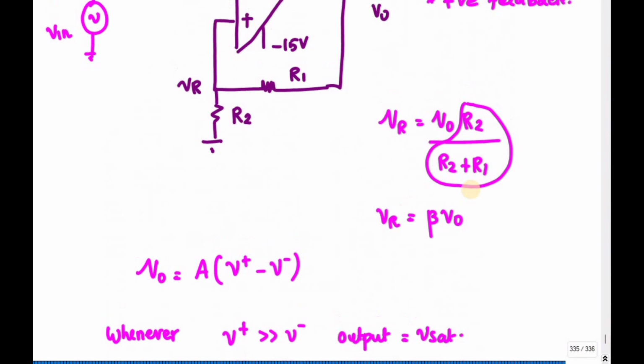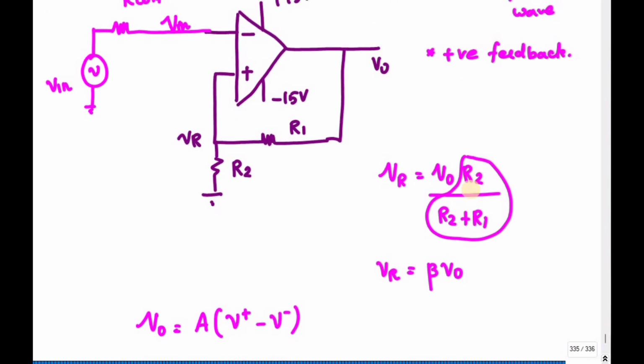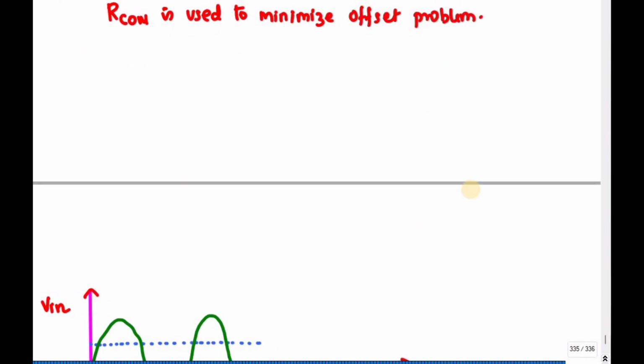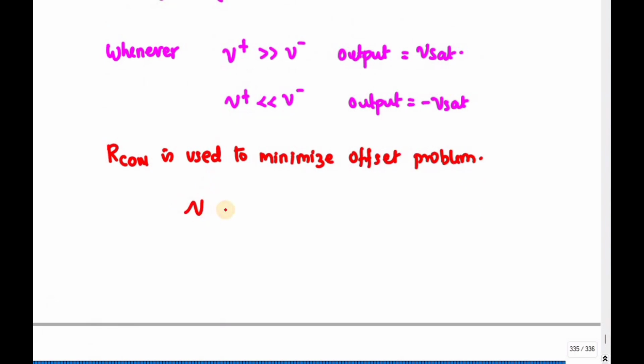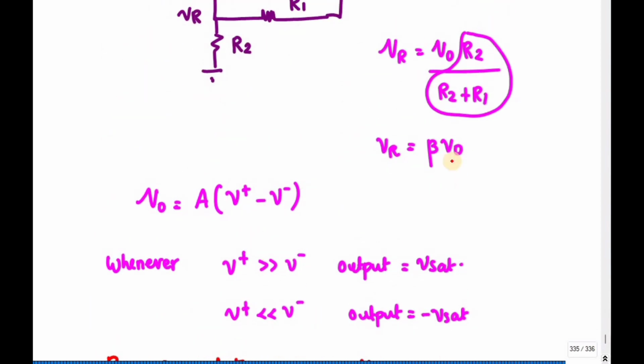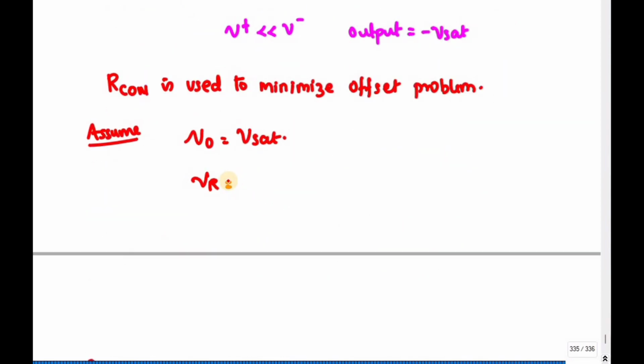First let me consider V naught equal to V sat. This is a condition that I am assuming. So what is my VR? VR is equal to beta into V naught, so VR is equal to beta into V sat.